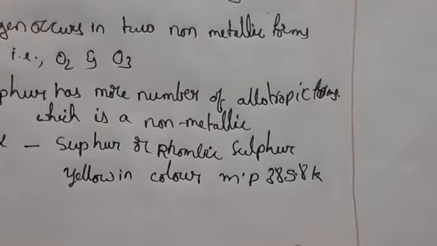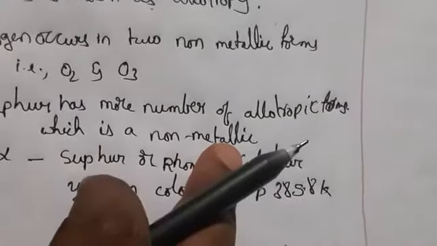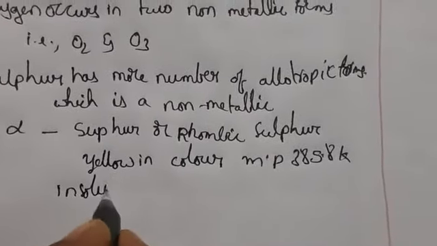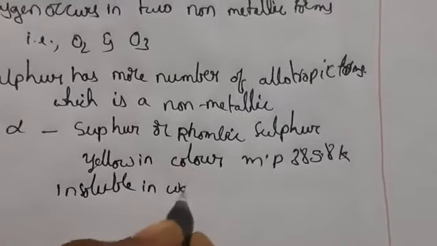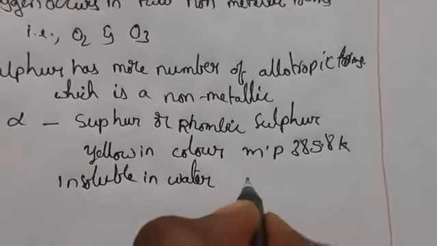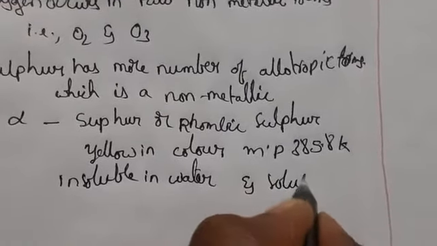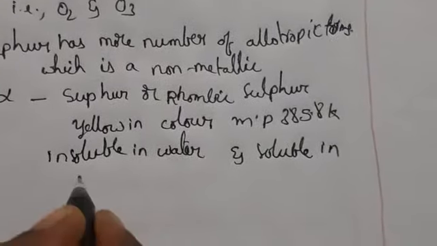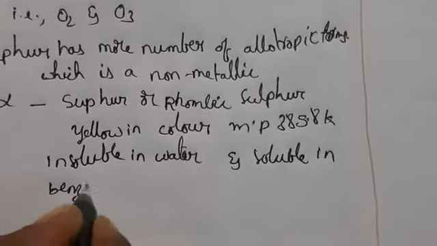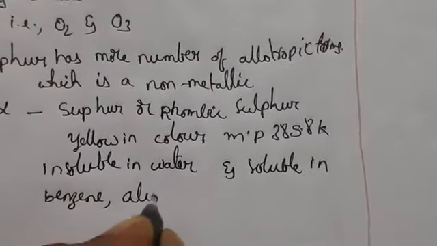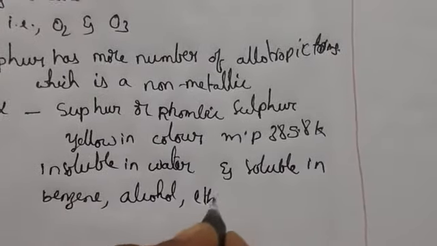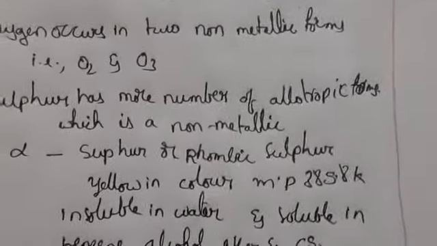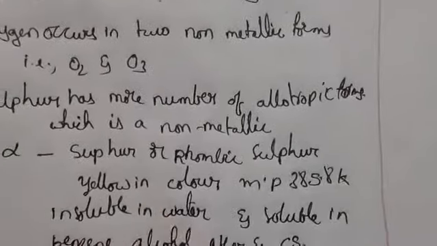It is insoluble in water and partially soluble in benzene, alcohol, ether and CS2. So this is rhombic sulphur, also known as alpha sulphur.